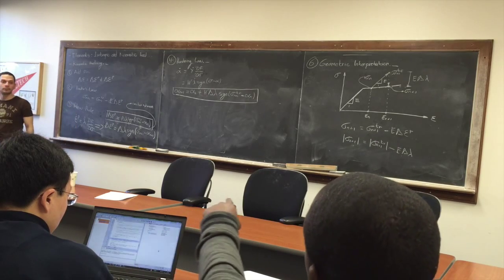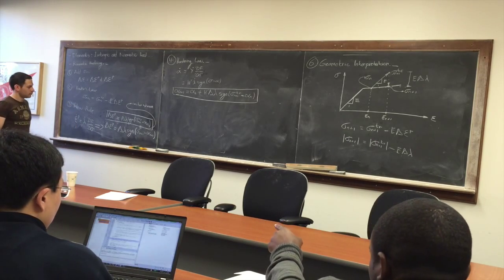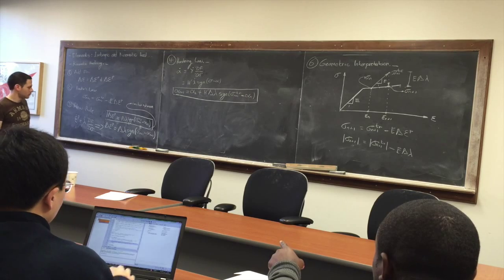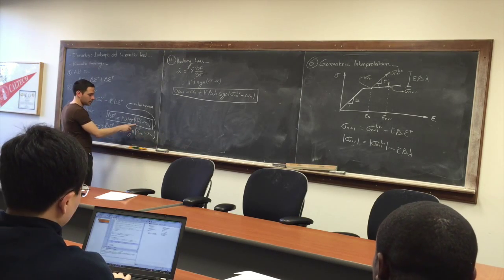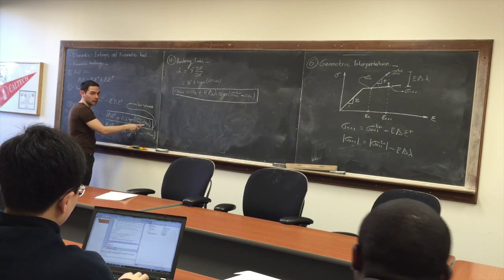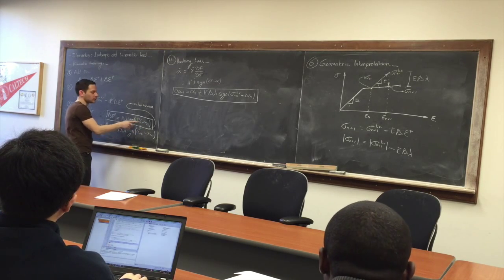Just to make sure it's alpha n up there, right? Not n plus 1. Whatever. Oh, here. In the boxed answer. Here. Yeah. This is n. Alpha n, okay. This is equal to that. Okay.